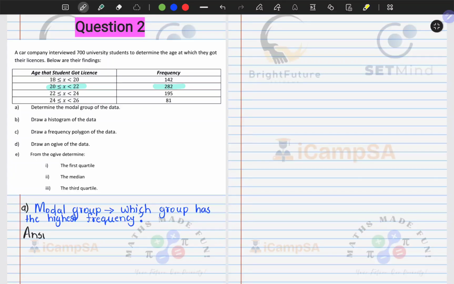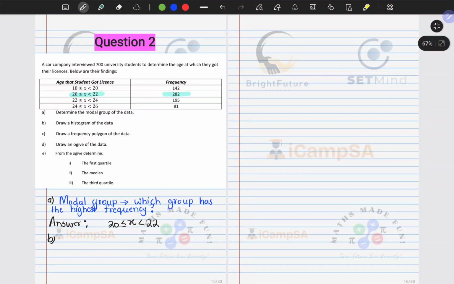So this means our answer here, that modal group, is simply x is greater or equal to 20, but less than 22. Okay. And then what we are required to do is to draw the histogram of this data.